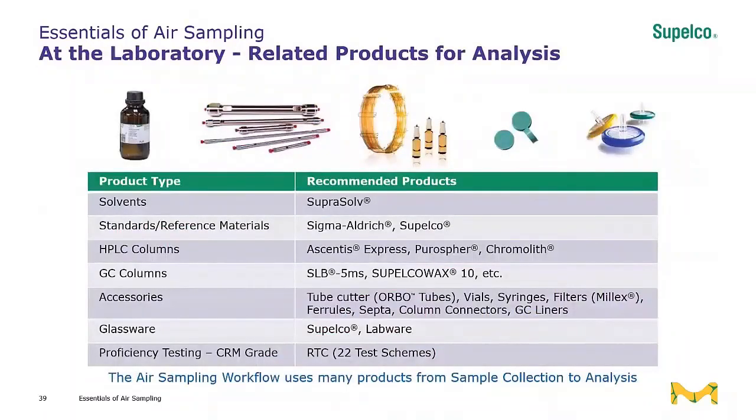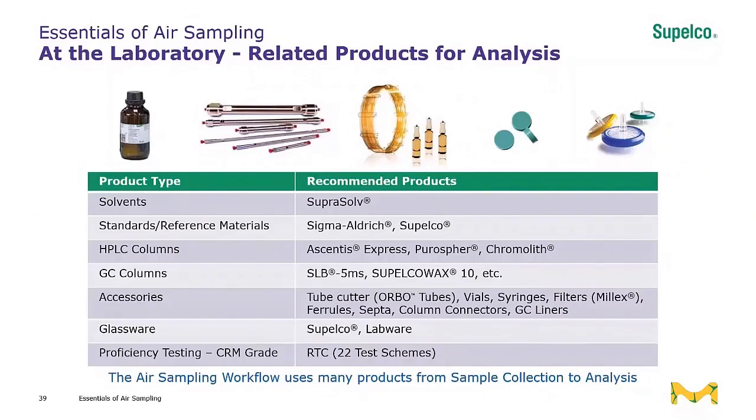In order for the laboratory to deliver you the best results that you can have confidence in, they need to maintain a wide range of products in their workflow, from the solvents they use and the purity and quality that they use, their standards and reference materials, HPLC columns and GC columns that are designed for the application and the contaminant groups that you are looking for. They also need to have the accessories and the fittings to upkeep the equipment.